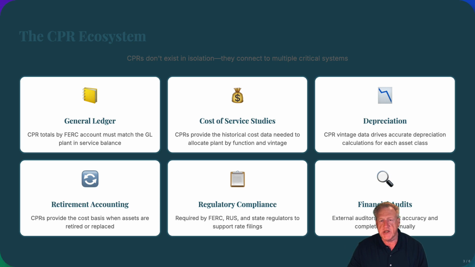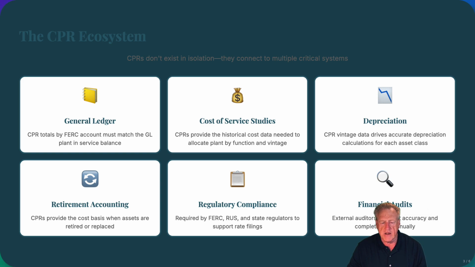When you do a depreciation study, you look at the makeup of your fixed assets, your CPRs that are in service, to determine what the appropriate depreciation rate is for those fixed assets. They assist in retirement accounting; they are the record that you use to retire assets that are taken out of service. In many cases, there are regulatory issues for that.